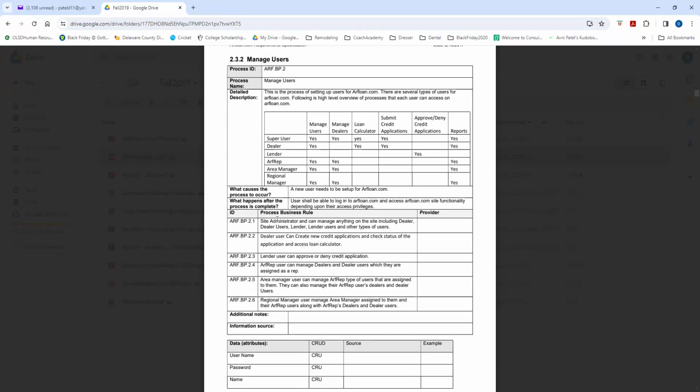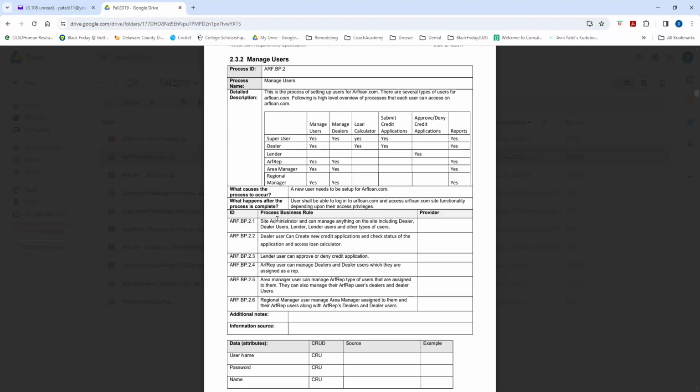It'll be the person who essentially has the right to grant people access or the right to create certain things. So the super user could do everything with the exception of approving or denying credit applications, right? And if you think about it, who is providing the credit or loans? It's provided by lenders, right?